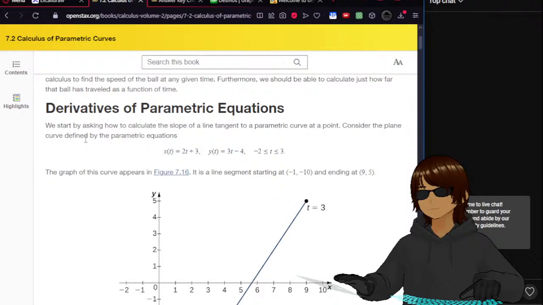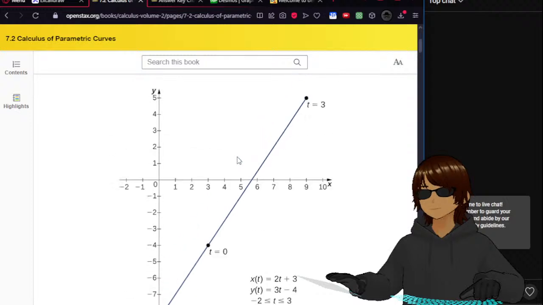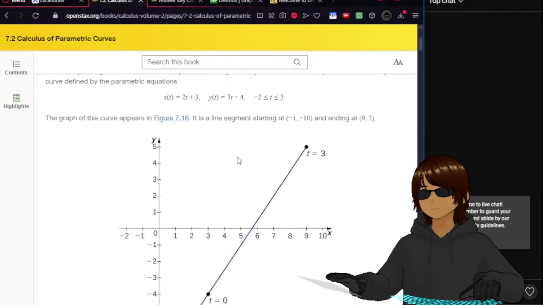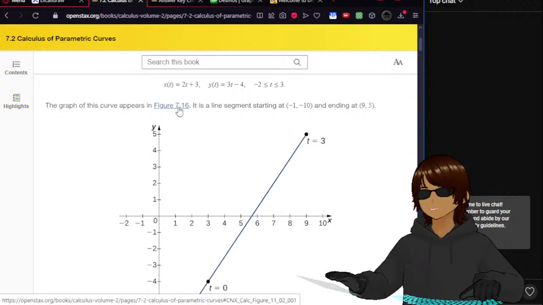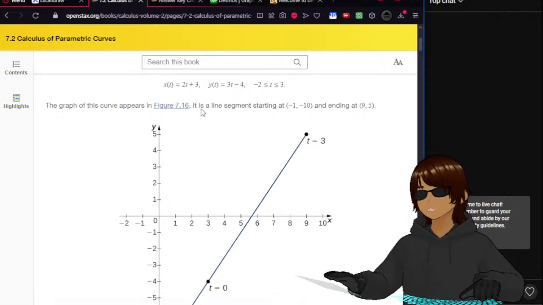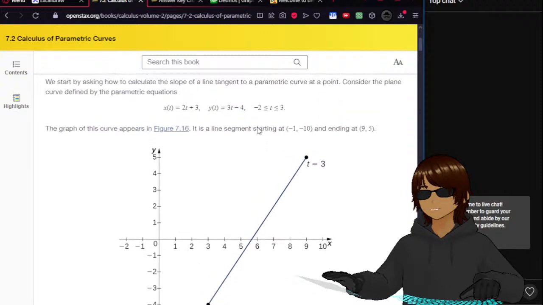Consider the plane curve defined by the parametric equations x is equal to 2t plus 3 and y is equal to 3t minus 4. t goes from minus 2 to 3. The graph of this curve appears in 7.16. It is a line segment starting at (−1, −10) and ending at (9, 5).